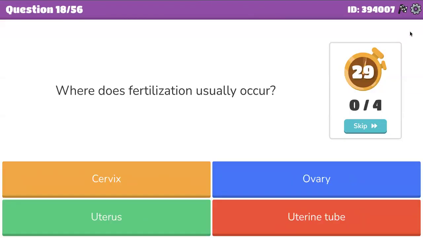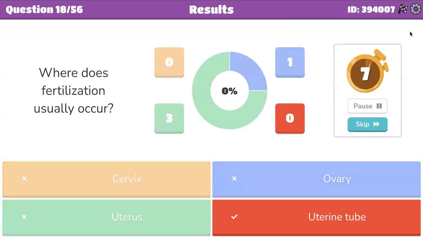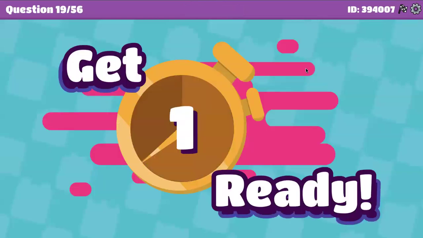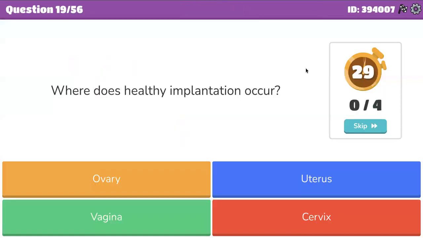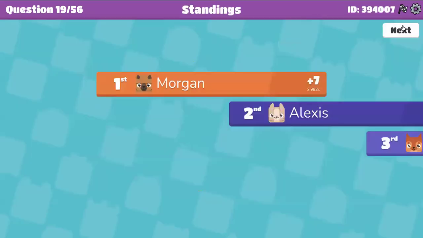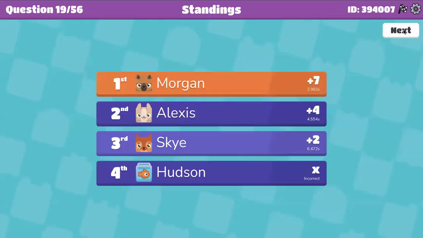Where does fertilization usually occur? In the uterine tube. But it should occur in the uterus. Where does healthy implantation occur? Yeah, in the uterus. Because that's where the baby will form.